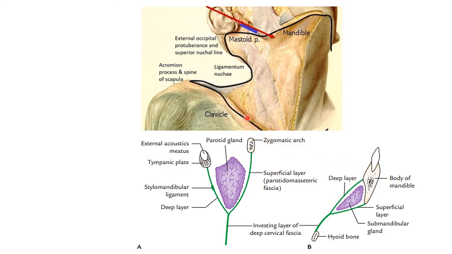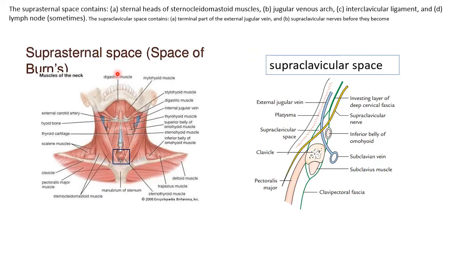Now we will study the inferior tracing, where it forms two spaces, one over the suprasternal notch and the other over the middle third of the clavicle. When we trace the investing layer downward, it splits to enclose the suprasternal space at the suprasternal notch of the manubrium.